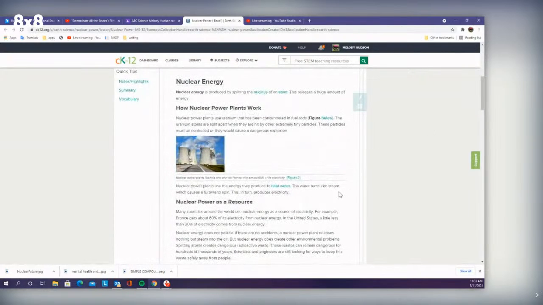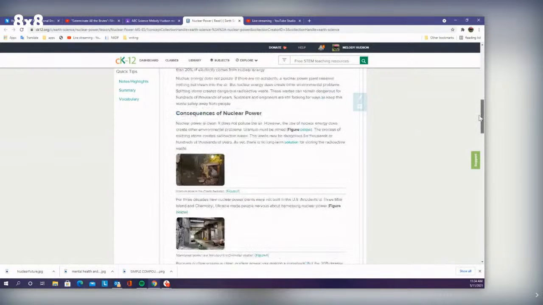So let's take a look at nuclear energy. What is nuclear energy? It is produced by splitting the nucleus of an atom. Those are the tiniest particles when you're talking about an atom, right? And doing that produces a huge amount of energy. So what atom are we using? How nuclear power plants work: nuclear power plants use the element uranium that has been concentrated into fuel rods.